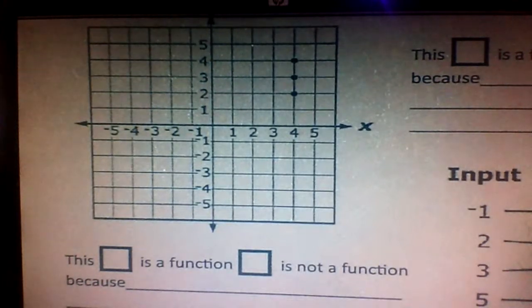Again, I lose a lot of time when I've got to stop and wait for everybody to finish conversation because we can't just focus. Okay, take a look at this relation. Is this a function or not?